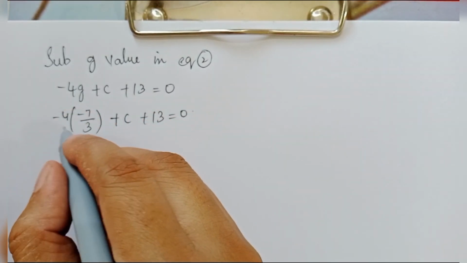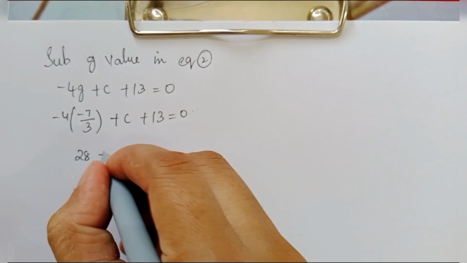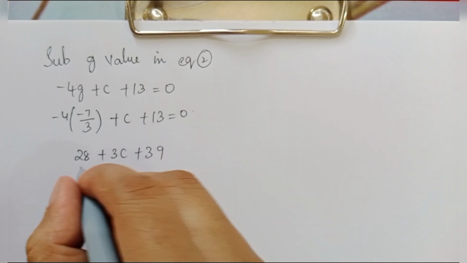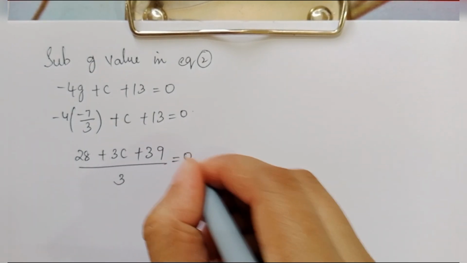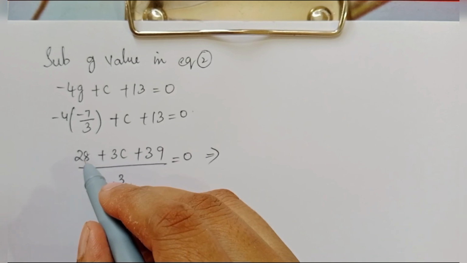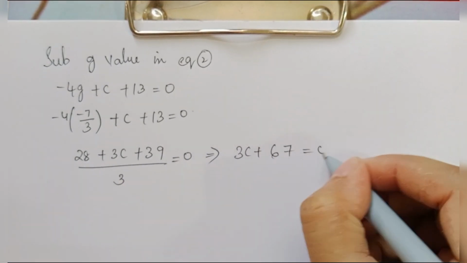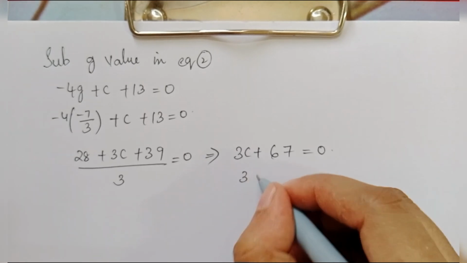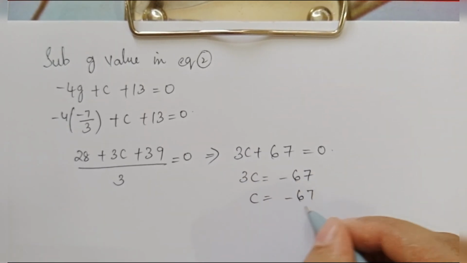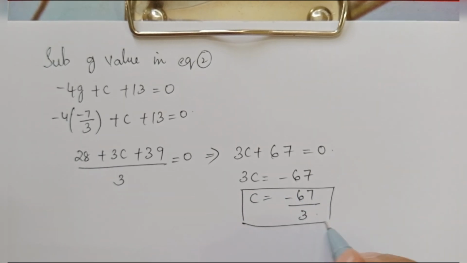Minus into minus is plus, and the LCM is 3 here. So it is (28 + 3c + 39)/3 = 0. 39 plus 28 is 67, so the value of 3c is -67. c = -67/3. So we got the value of c also.